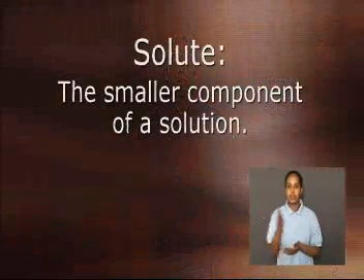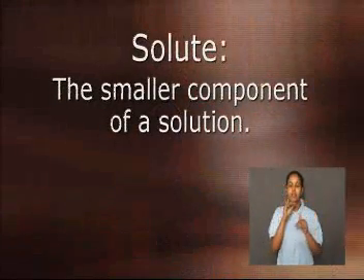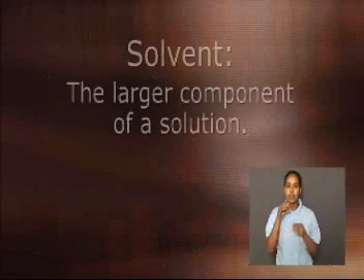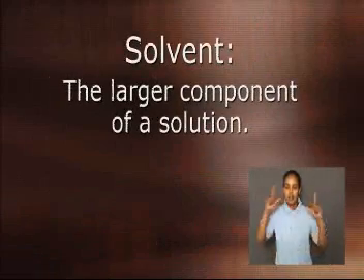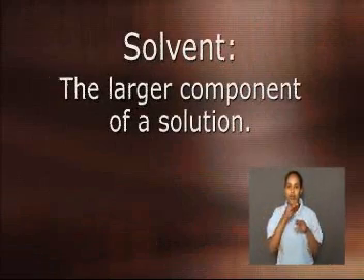Typical solutions contain at least two substances. The smaller amount of substance is called the solute, and the larger amount of another substance is called the solvent. The solvent can also be the component that retains the original physical state.